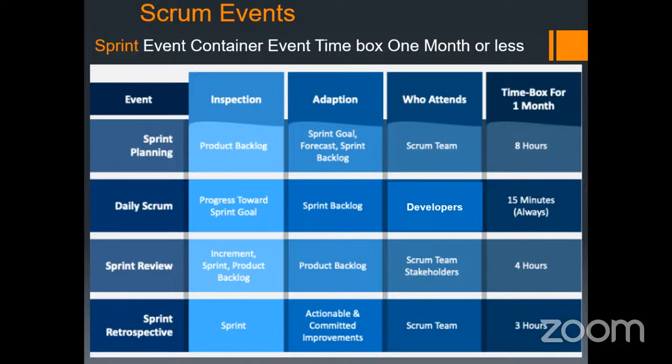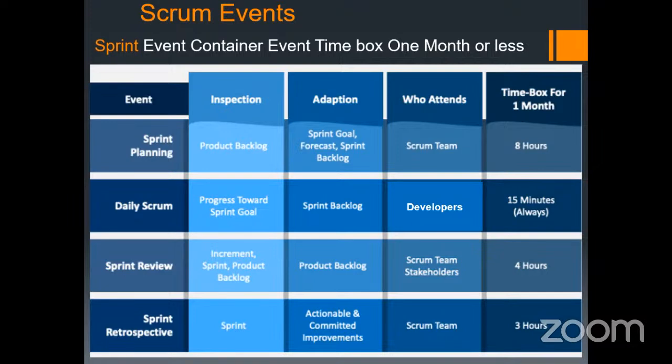Then here, what is inspected? Here we inspect the sprint goal. What is the sprint goal? Whatever the developers are developing, we check whether they are developing something which achieves the sprint goal.